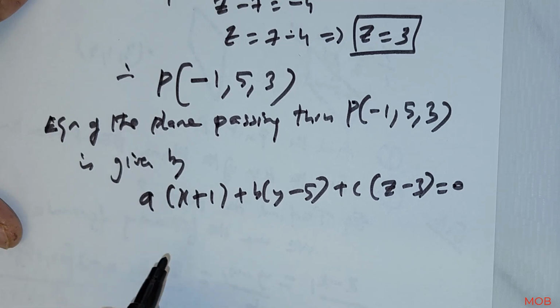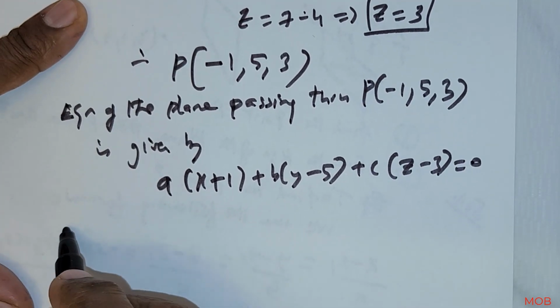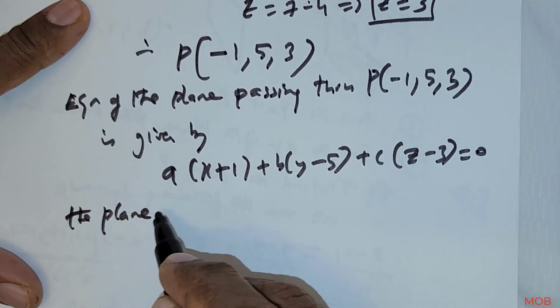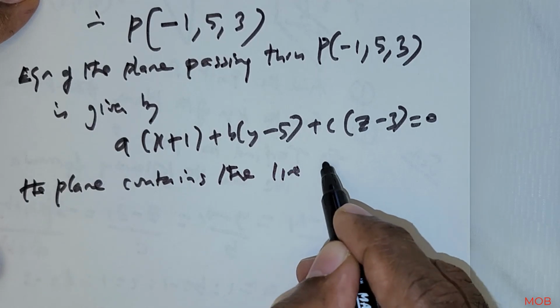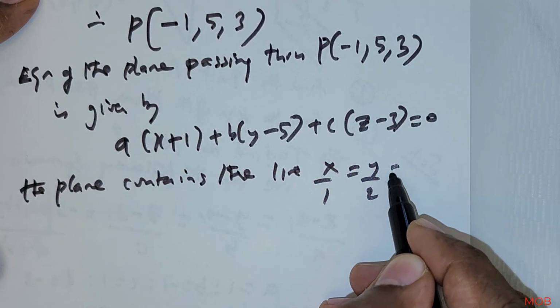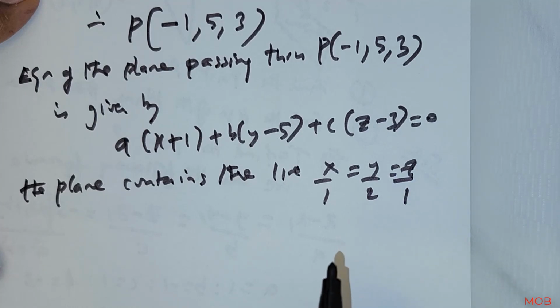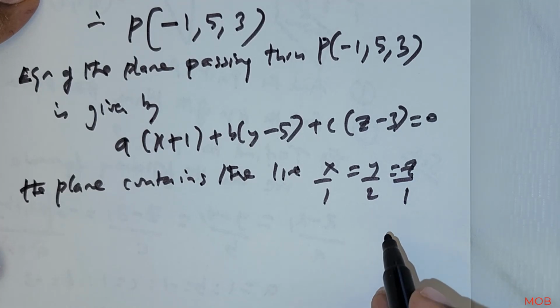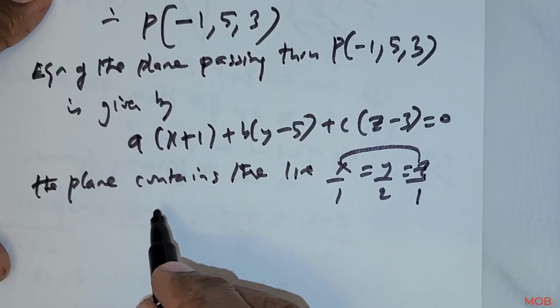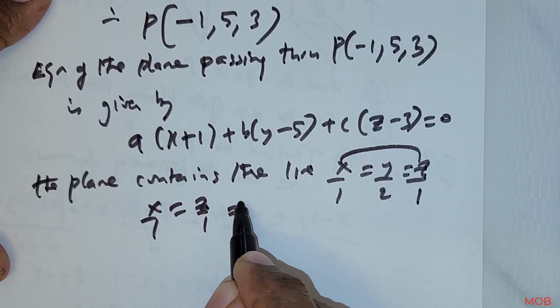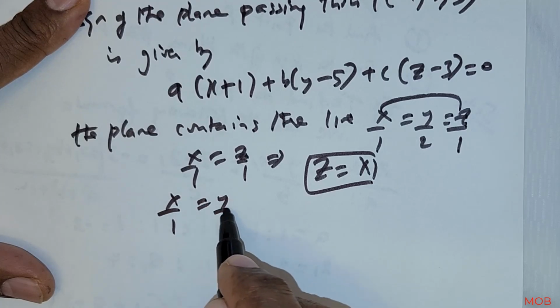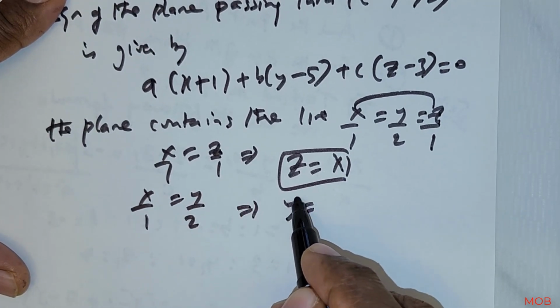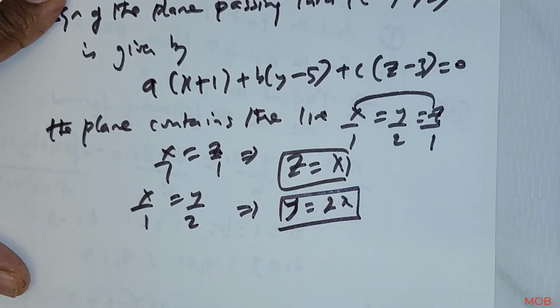Now the plane contains the line x over 1 is equal to y over 2 is equal to z over 1. So what I wish to do is club these. x over 1 is equal to z over 1, which means z is equal to x, and x over 1 is equal to y over 2, which means y is equal to 2 times x.